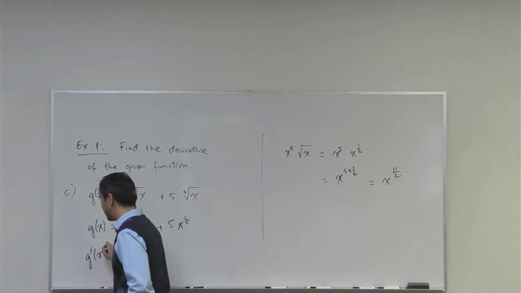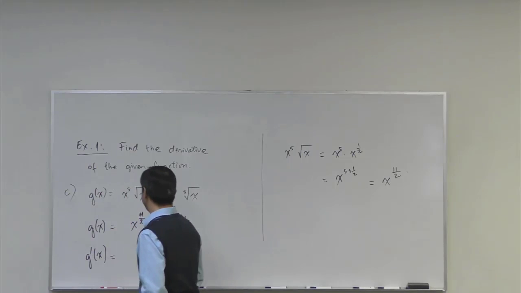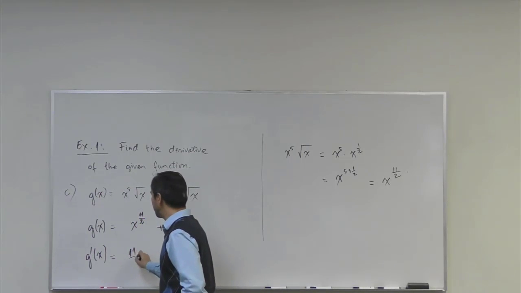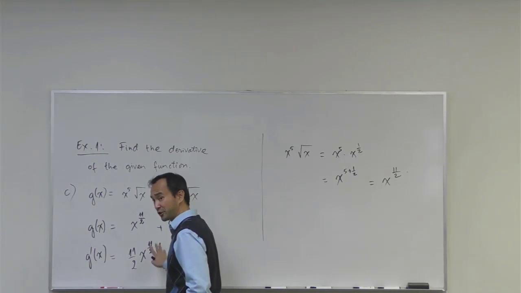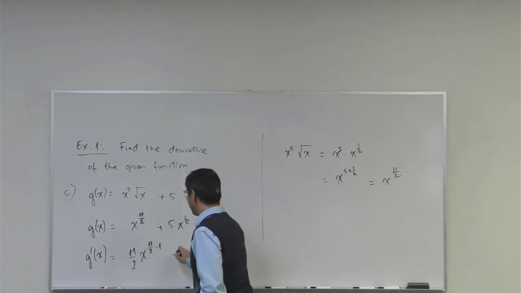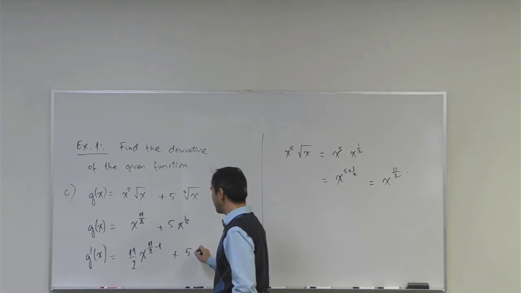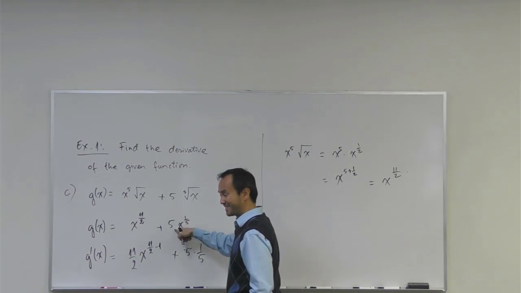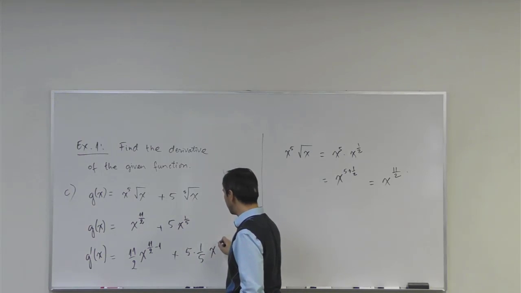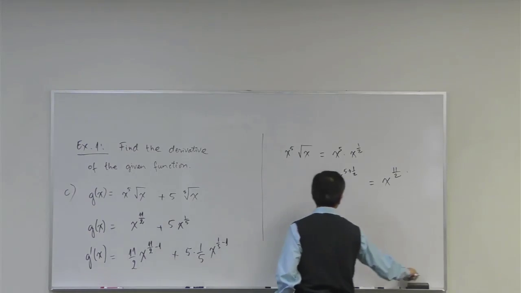G prime of x: now it's 11 over 2 multiplied down in front, and the power becomes 11 over 2 minus 1. Please, for starters, write it down like that. Plus, then you've got 5 as a coefficient, multiplied with the 1/5 brought down from the original power, and then multiplied with x to the 1/5 minus 1. Okay? So now go ahead and do your calculation.